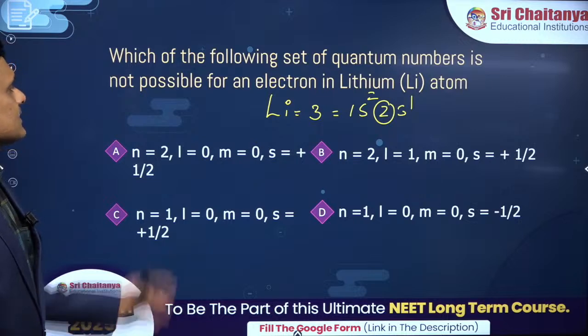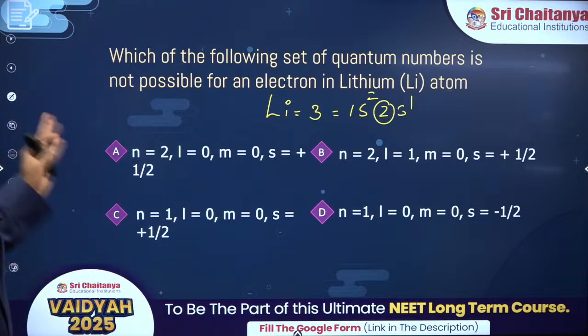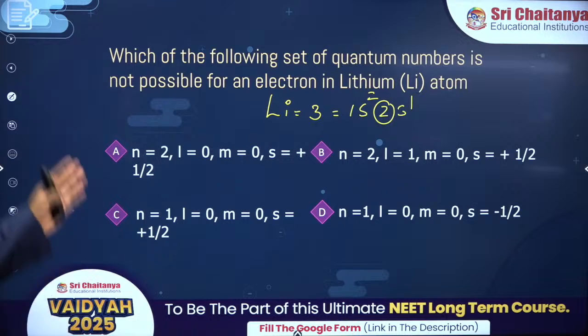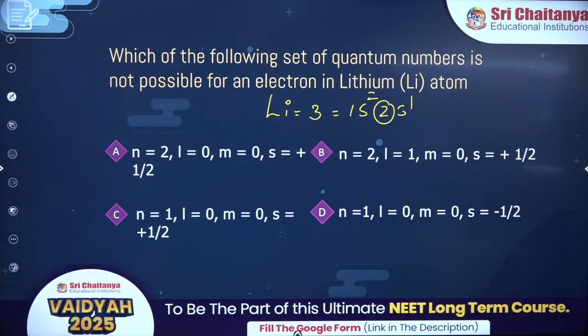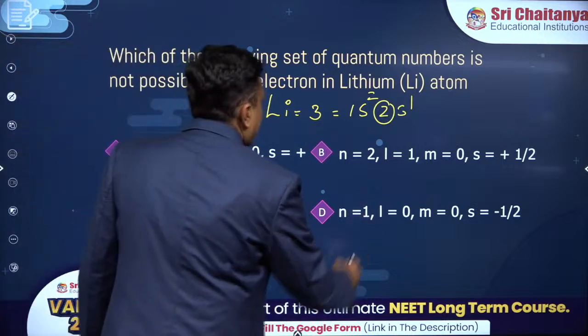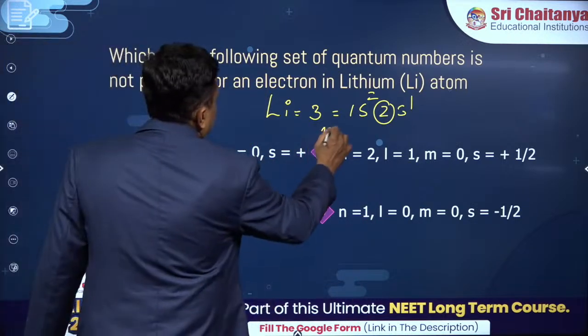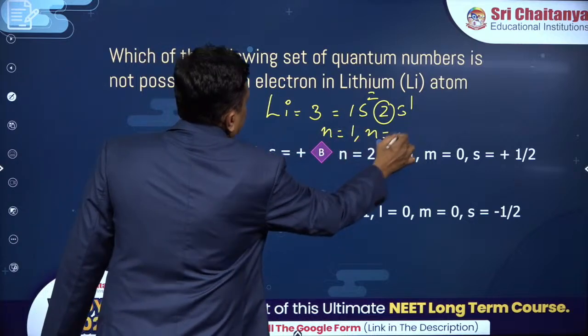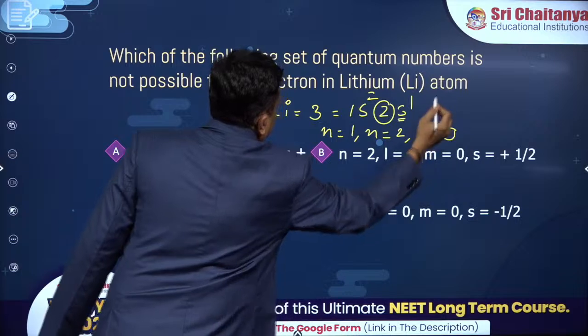Now you can see that n equal to 2 and L equal to something is said to be not possible, right? n equal to 2 is possible, n equal to 1 is not possible, and also you can see L equal to what else is matching, buddy? n equal to 1 is there, n equal to 2 is there, and for L equal to 0, we have only the s orbital with us.